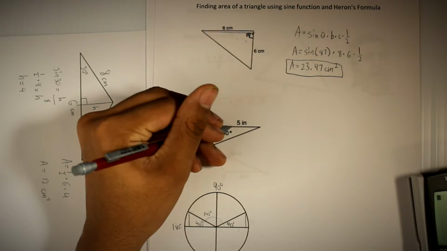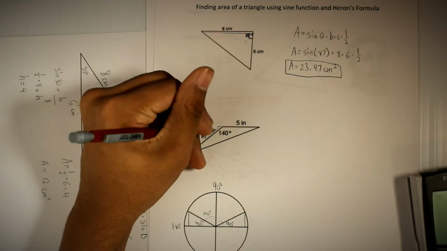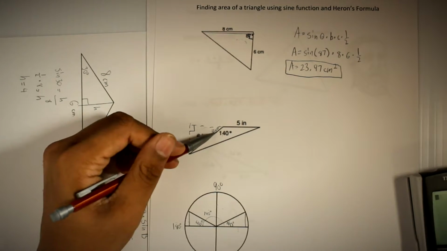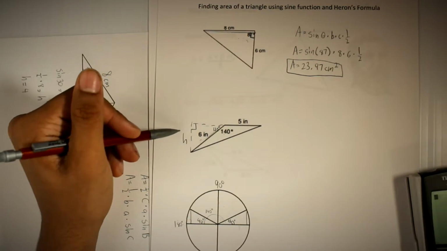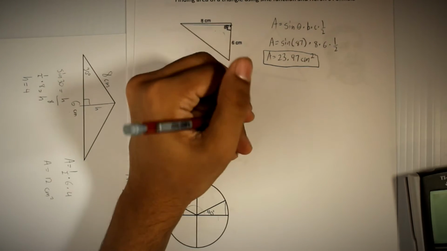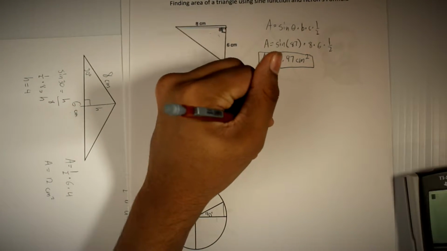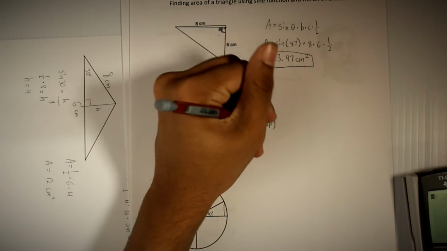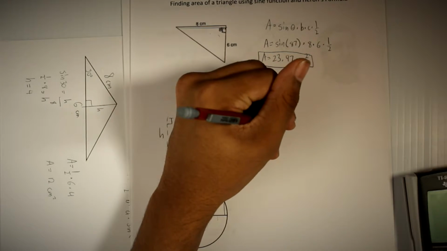Using our complementary angle, 180 minus 140, this would be a 40-degree angle here. The sine of 140 times 6 will get us our height here. It's very simple. So if you want to plug it in here: sine of 140 times 6 multiplied by 5 divided by 2.